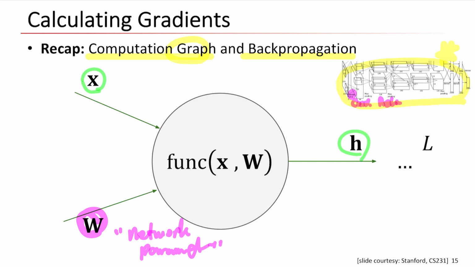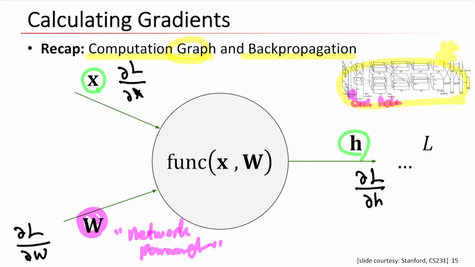So what we want to do is, if we compute the gradient of the loss in terms of h, then we can get the gradient of the loss over w and the gradient of the loss over x.